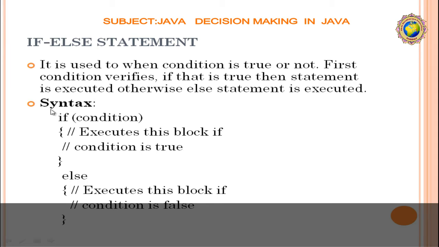So in the syntax we see if the condition is fulfilled, then this block of code is executed, otherwise this block of code is executed. Means if the condition is true, then this statement is printed, otherwise this statement will be printed.